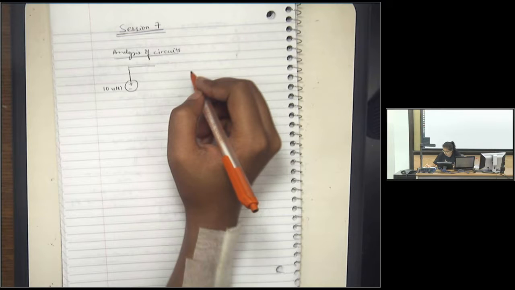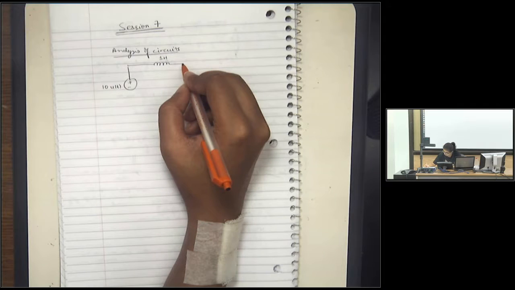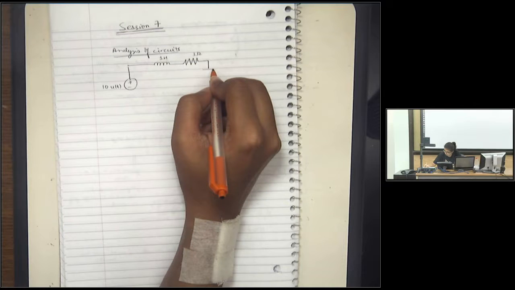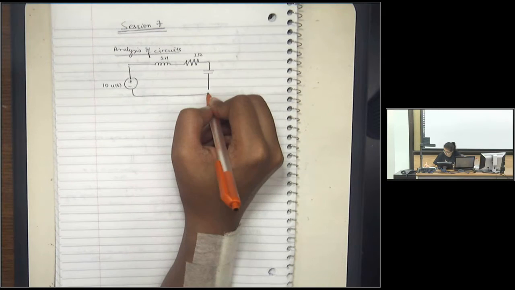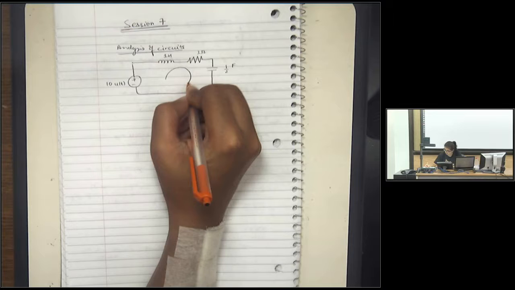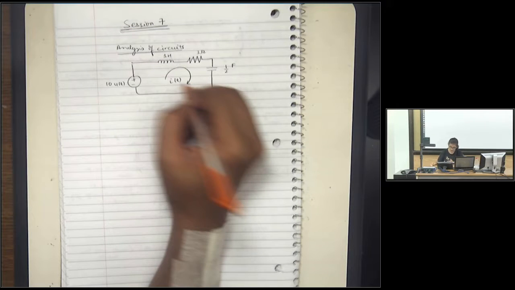Then we have an inductor of 1 Henry, a 3 ohm resistor, and a half farad capacitor. The current goes out from the positive side and comes into the negative side as usual from circuit theory. It's denoted by i(t).